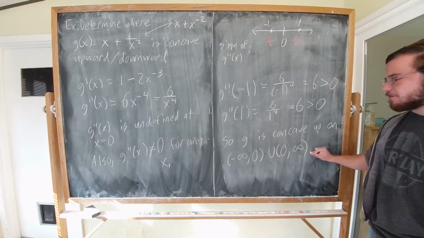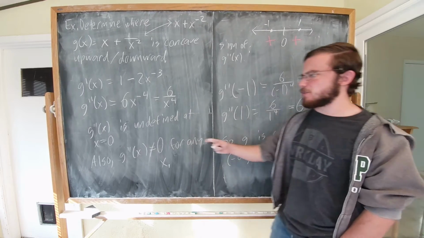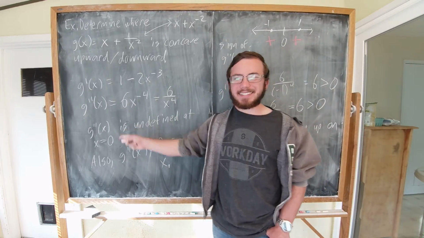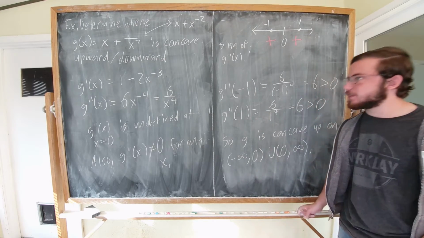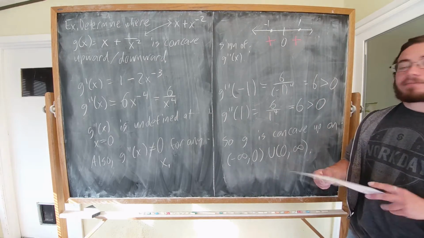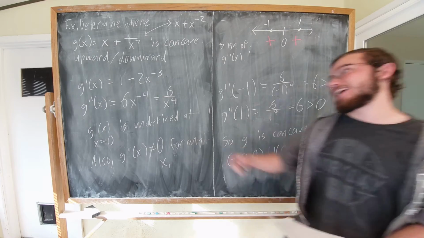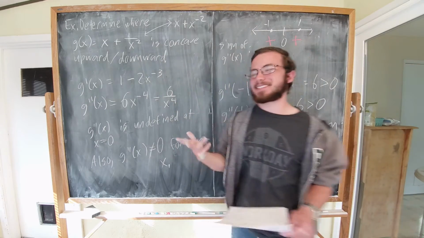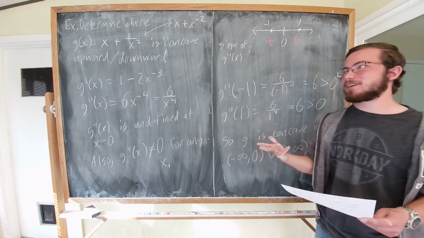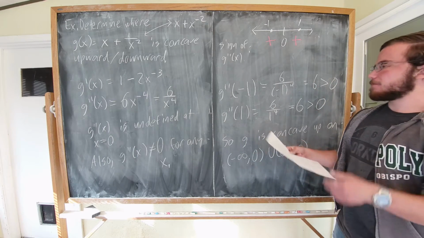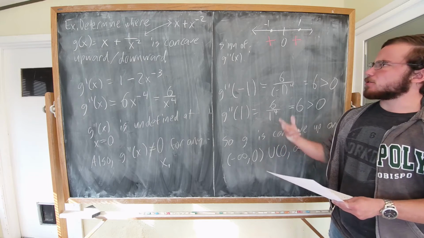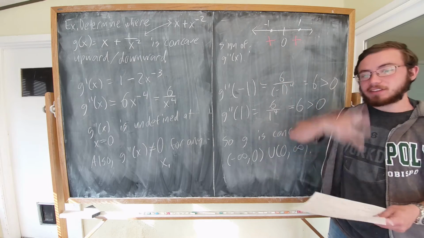Right? We can't say it's concave up at 0 because the second derivative doesn't even exist there. Alright, there we go. So, in fact, the actual function doesn't even exist there, so it wouldn't even make sense to talk about its concavity there anyways.